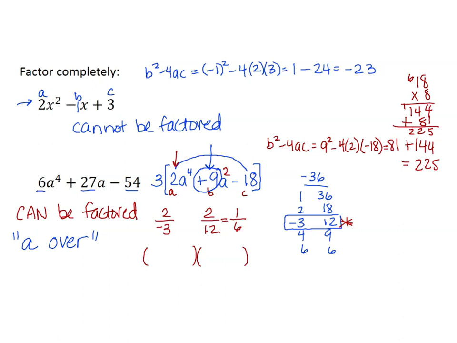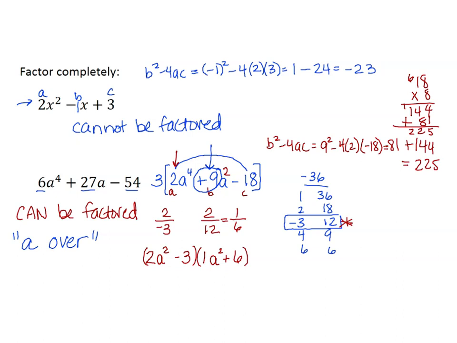Since I've got a to the 4th, then I'm going to fill in my variables as well. So let's do the numbers first. I know that a 2 goes here, and a minus 3 goes here. I know that a 1 goes here, and a 6 goes here. Then I just fill in the variables. A to the 2nd, a to the 2nd. And that's a plus, because it's a positive 6.